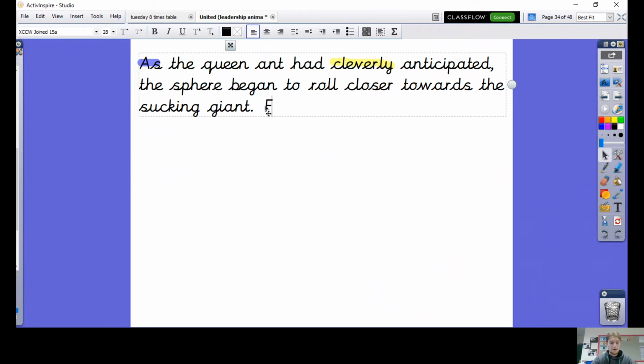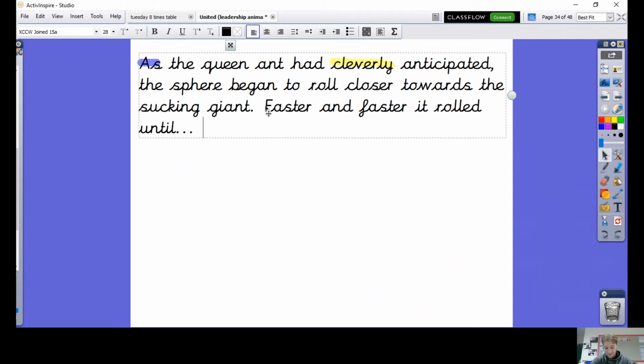So I'm going to start with faster and faster it rolled until... for extra suspense. Vroom! You see, I use my onomatopoeia sound then just to describe it hitting the mouth.